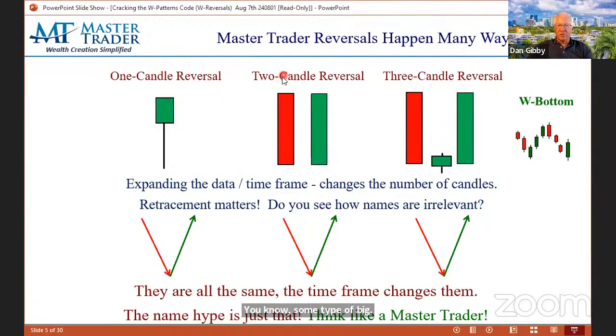Two-bar reversal: ugly red bar, and this is what we call a bull 180. Ugly down, fully negated. This is a derivative of that, but with an extra bar inside. But these are all reversals. This is also a reversal. Not one, two, three bar, but it's a W bottom reversal. So all reversals.